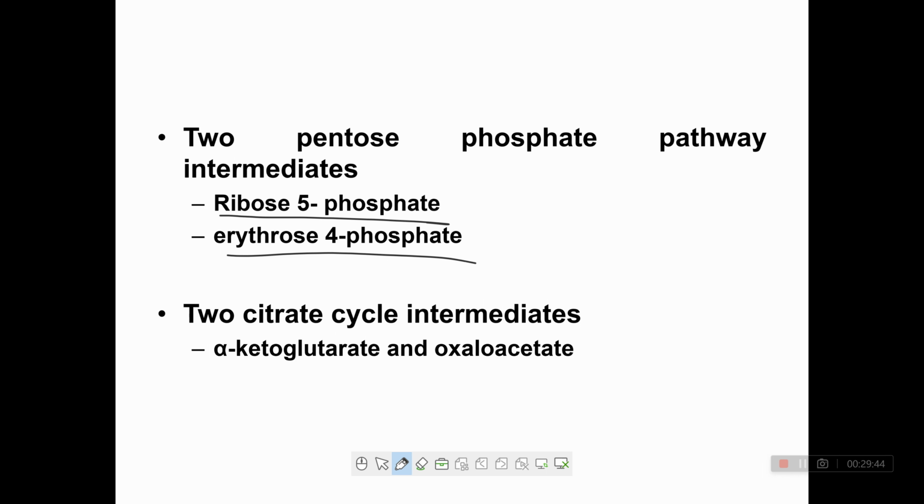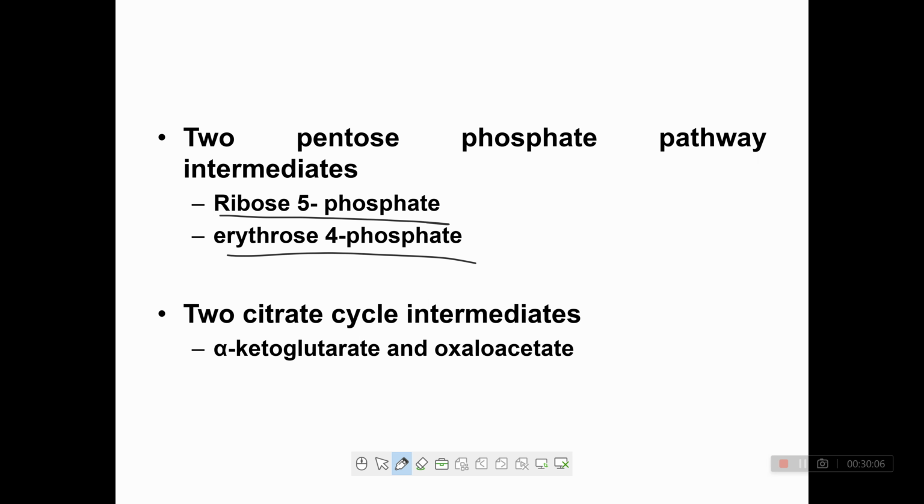Second is the pentose phosphate pathway, whose intermediates are ribose 5-phosphate and erythrose 4-phosphate.